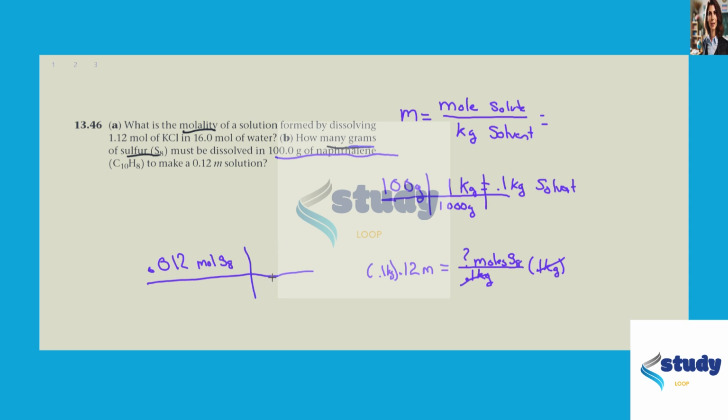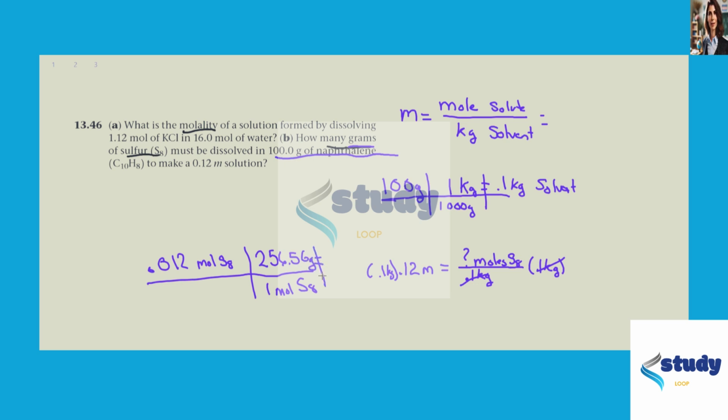So to convert moles to grams, we go to the periodic table, and we know for every 1 mole of sulfur 8, let's look at our periodic table, sulfur is 32.07, and there's 8 sulfurs. So that ends up being 256.56 grams.